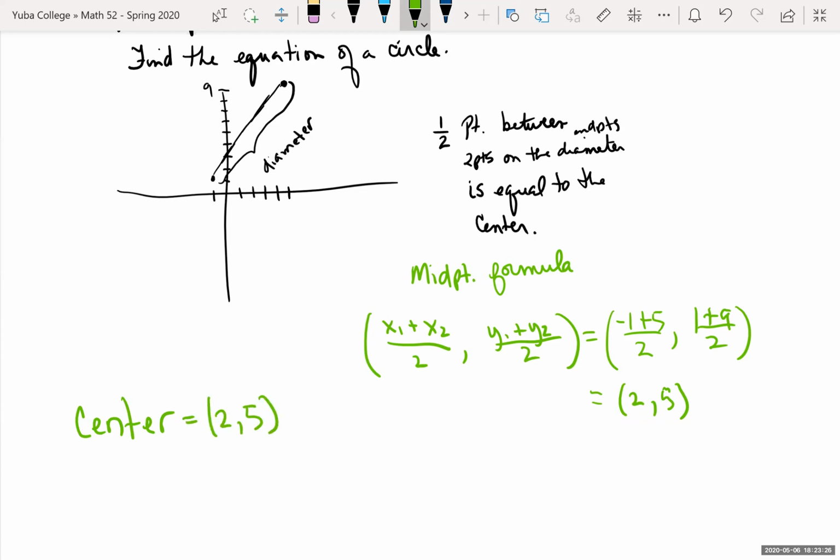And we have to figure out what the radius is. Okay, well, the radius is either half the distance of our diameter, or now that we have our center, we can look at the distance between our center and one of the points on the diameter. So (2, 5).